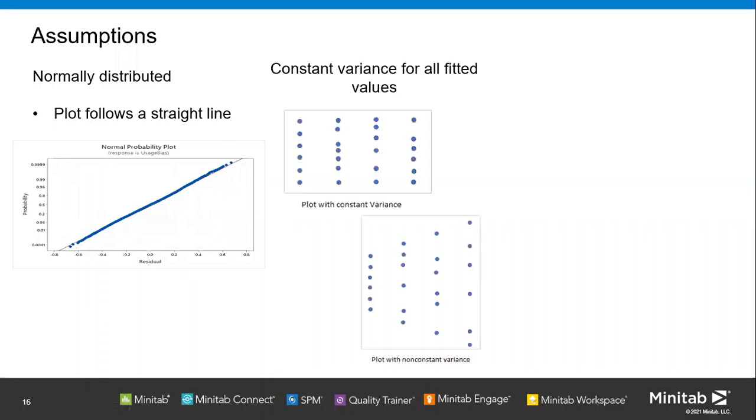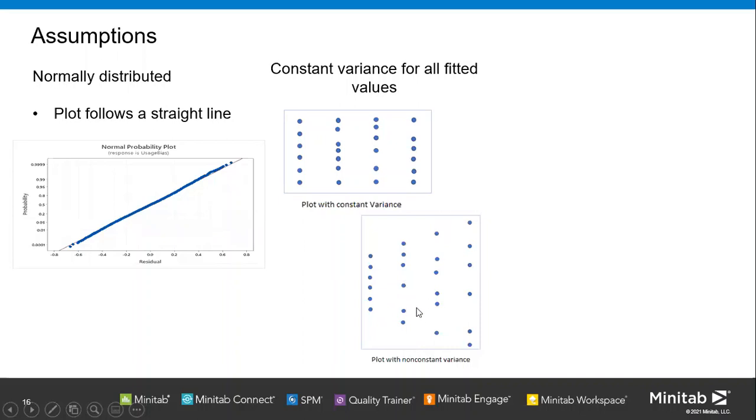And then the second thing you need to look at is a constant variance for the fitted value. You can see that this one is the constant variance. If you have a non-constant variance, you can see that it increases, or maybe you have a pattern here, increasing or decreasing.